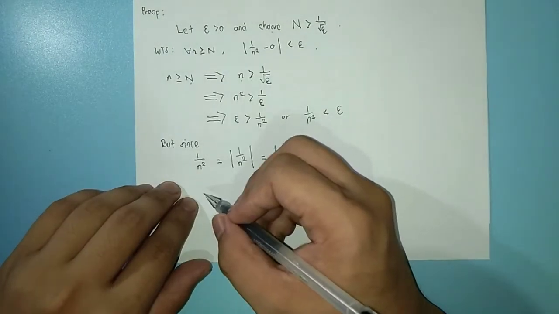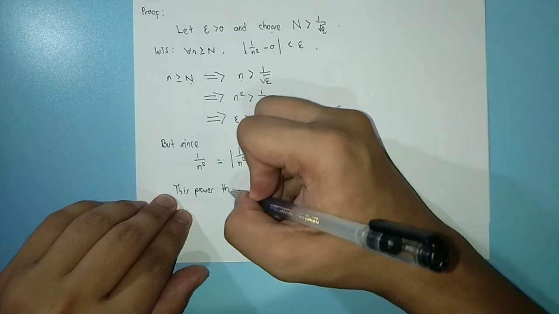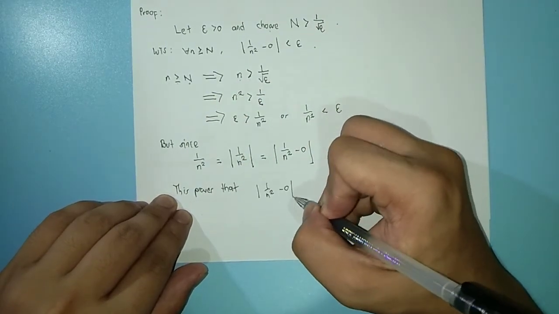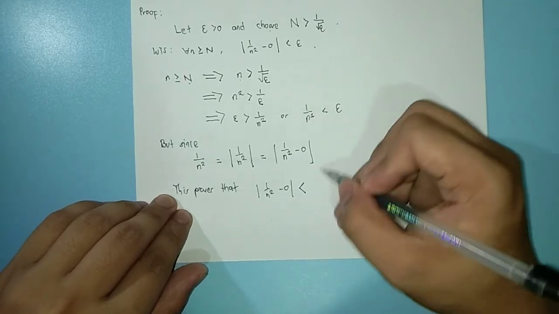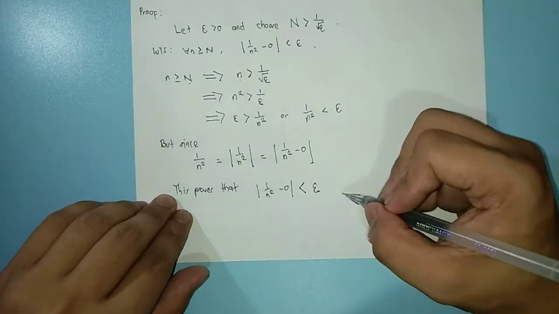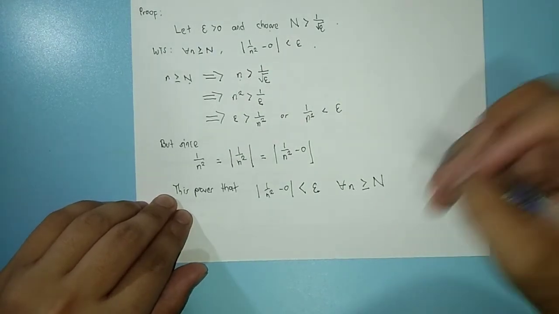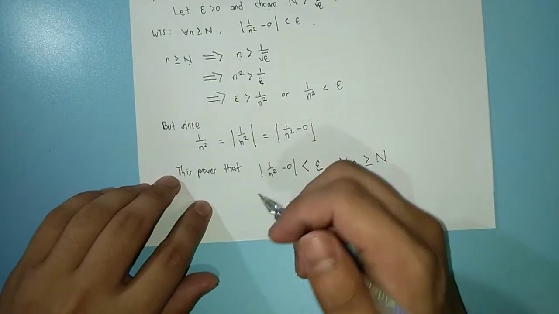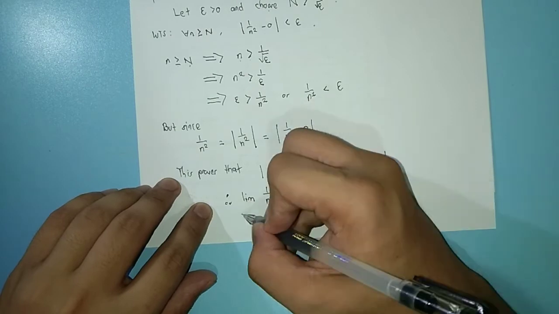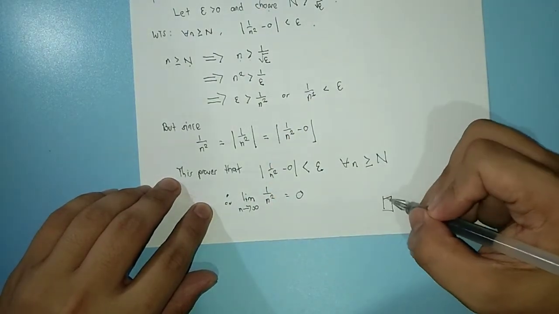Then this proves that yung absolute value of 1 over n squared minus 0 is less than epsilon. Okay? For all n greater than or equal to large N. So, ibig sabihin, limit of 1 over n squared as n approaches infinity equals 0. So, we are done.